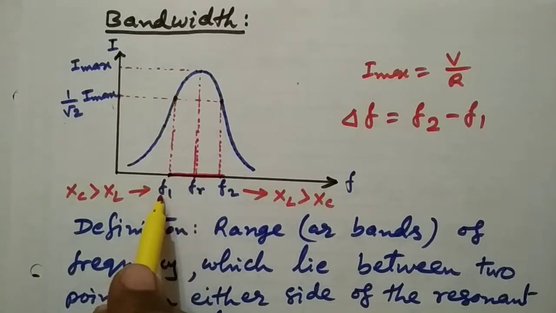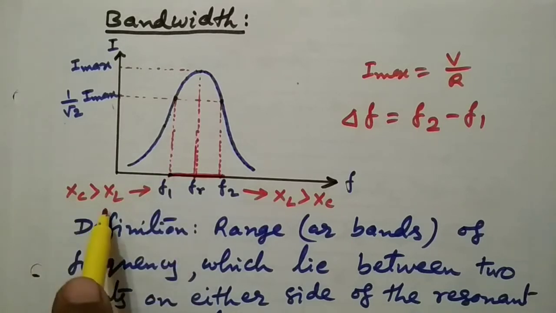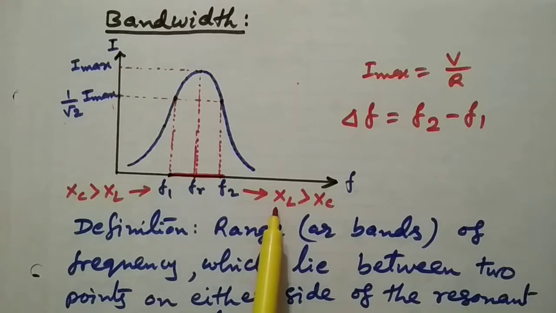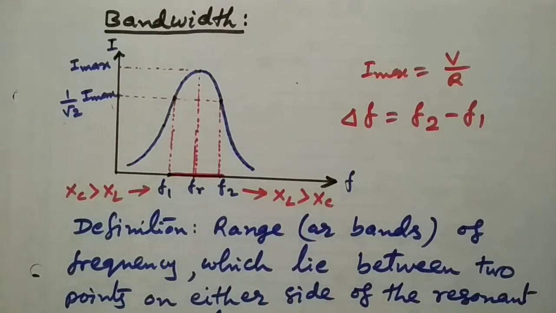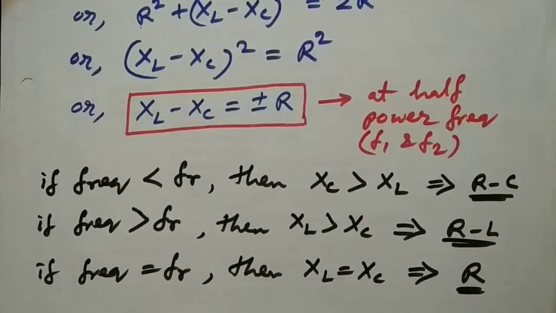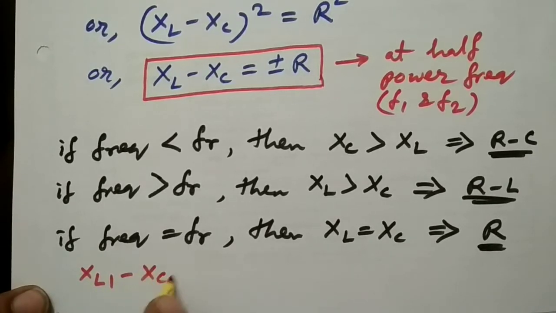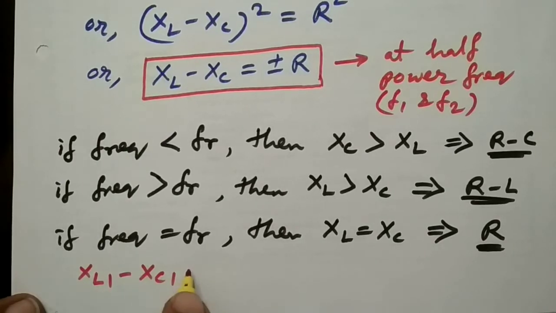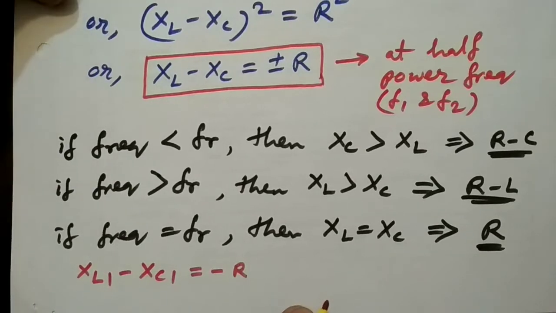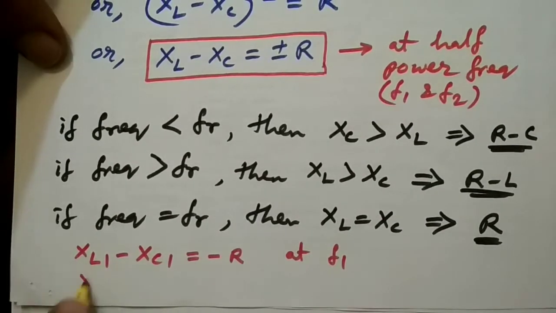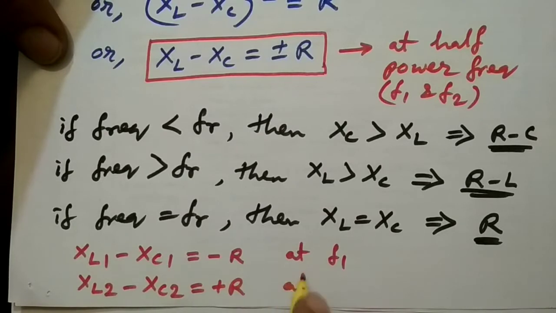Therefore, we can write XL1 minus XC1, that is at F1 frequency, will be minus R. Similarly, XL2 minus XC2 will be equal to plus R, at F2 frequency.